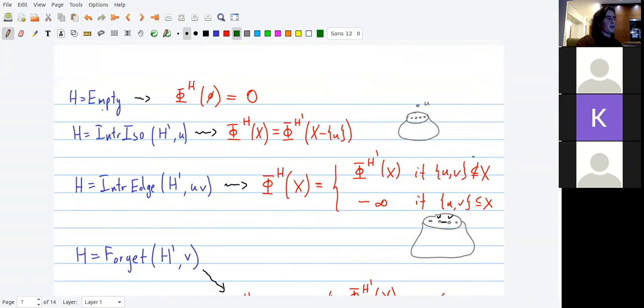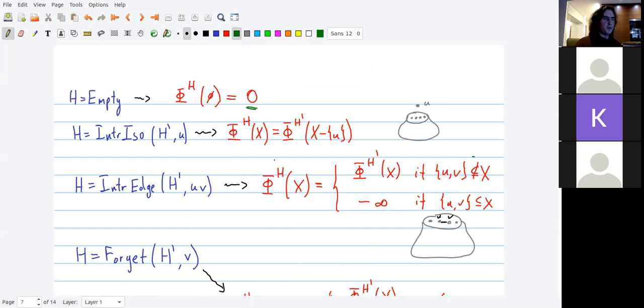What happens when I have an empty graph? Well, then there is only one subset of the empty boundary of this graph, which is the empty set. And then there is only one possible extension, being the empty set, and it has cardinality 0. So the base of the recursion is clear, because we only have value 0.